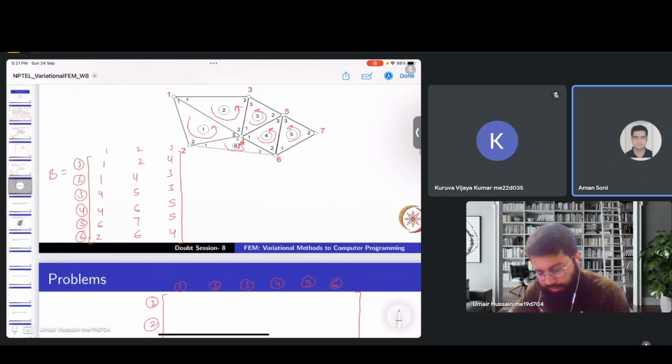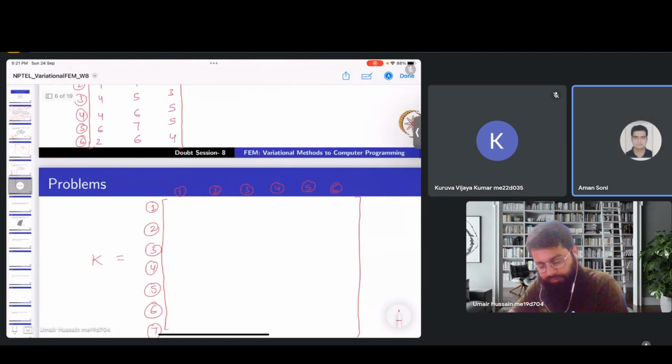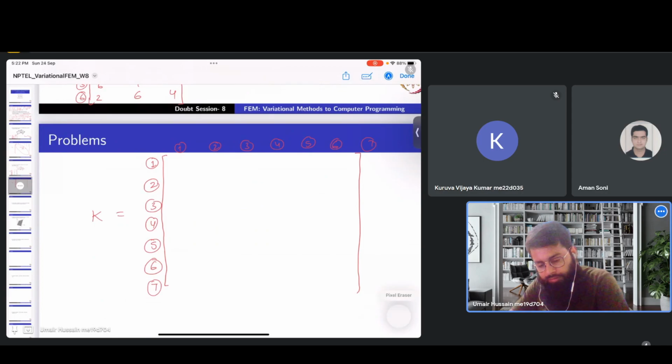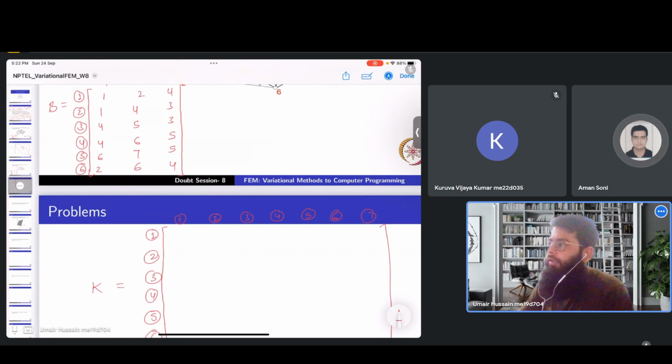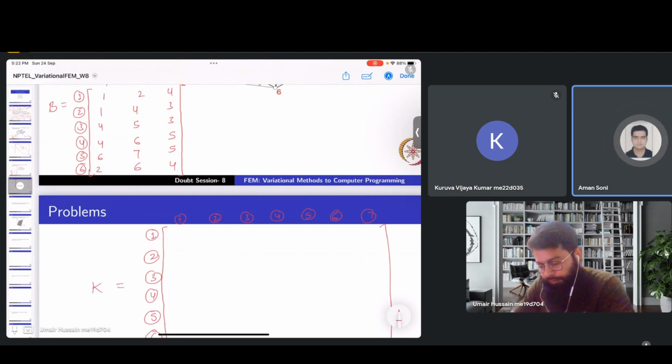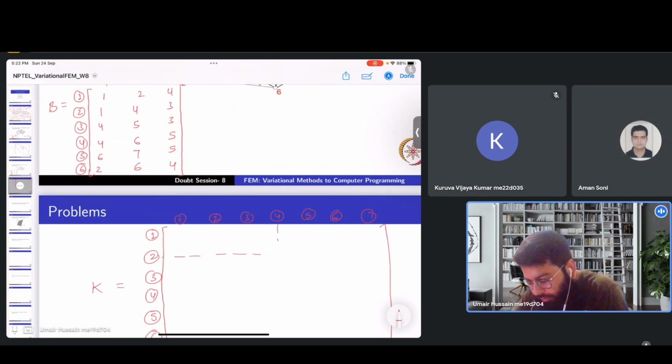Okay, 7 by 7. So, 2 4 is present in element 1 and element 6 also. So one from element 1, one from element 6. That should be the local node number.